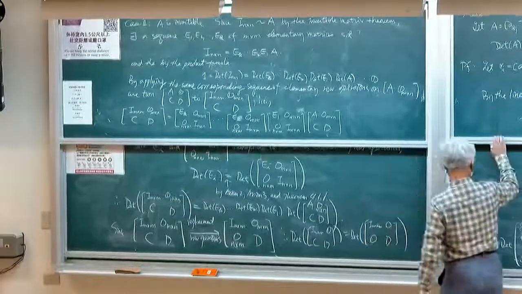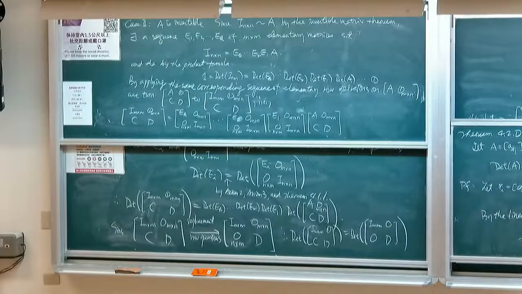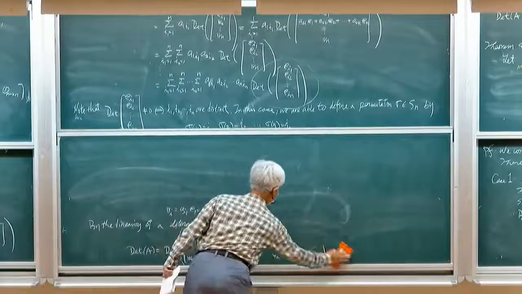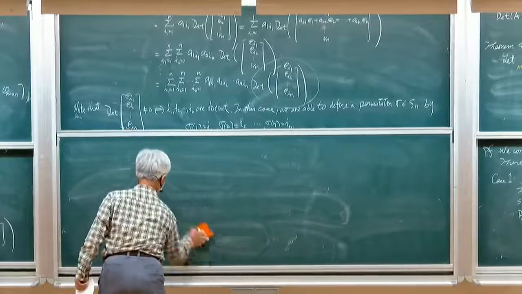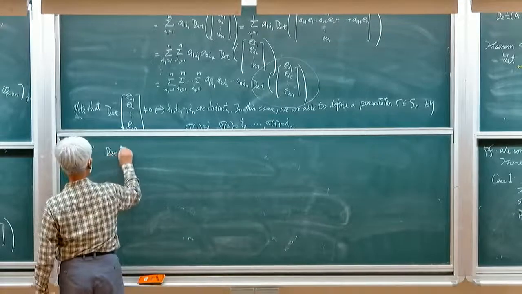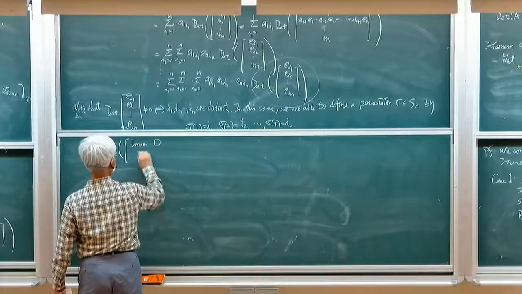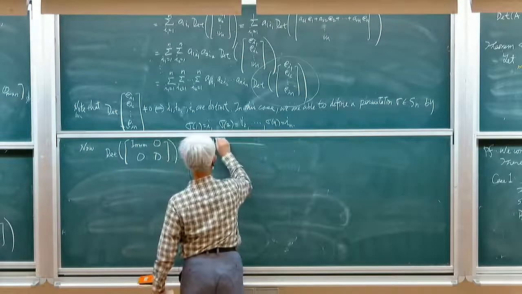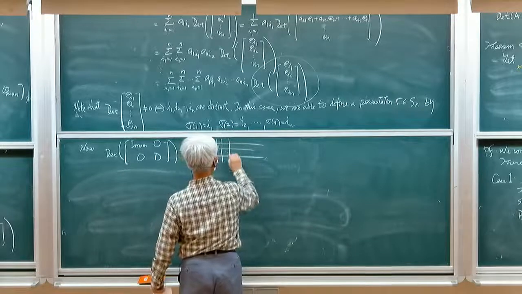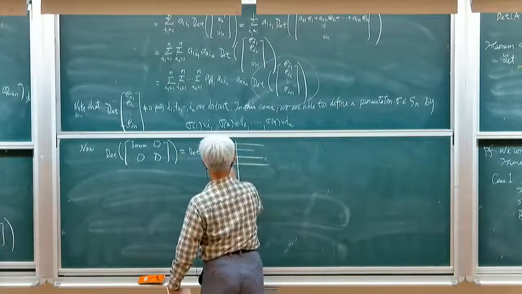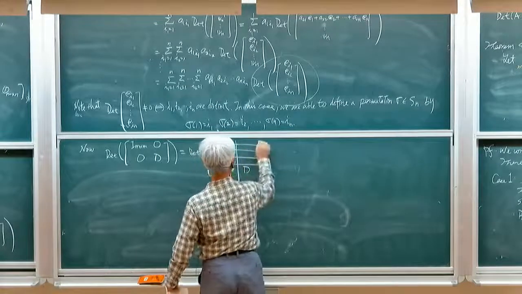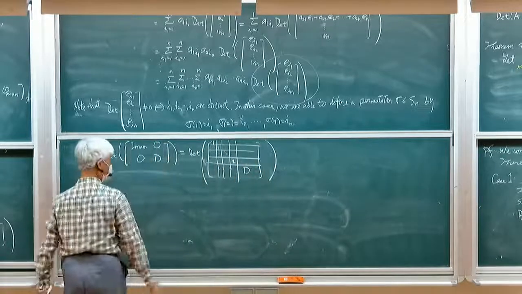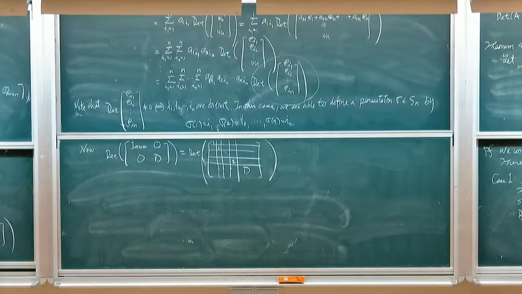Now, the determinant of this matrix is equal to 1, 1, 1, and D. So you can reduce the order, right?